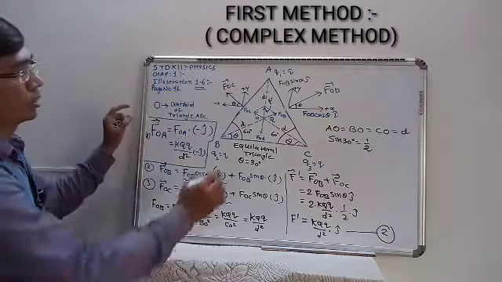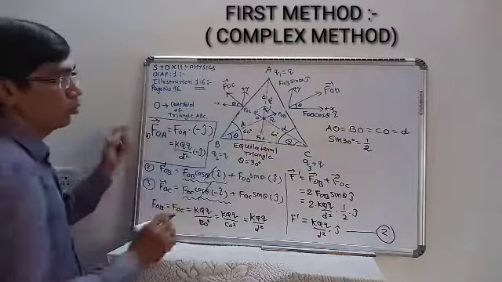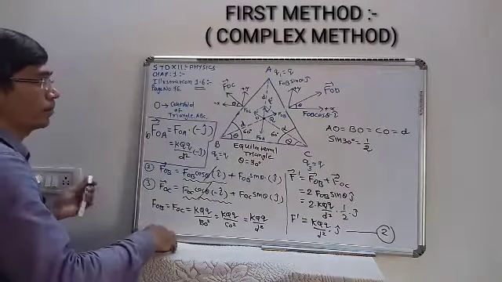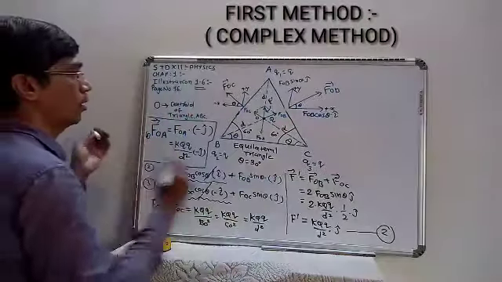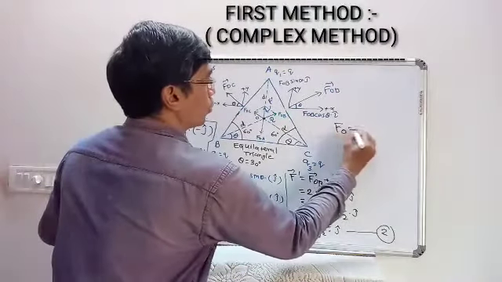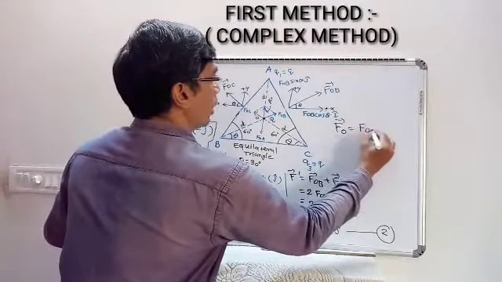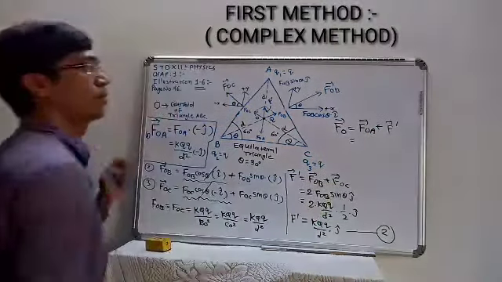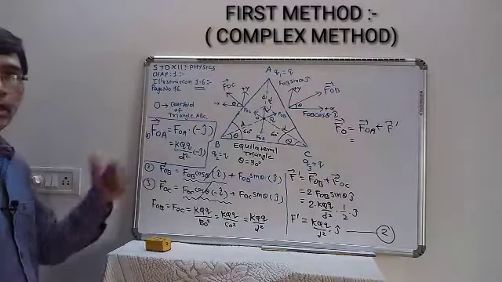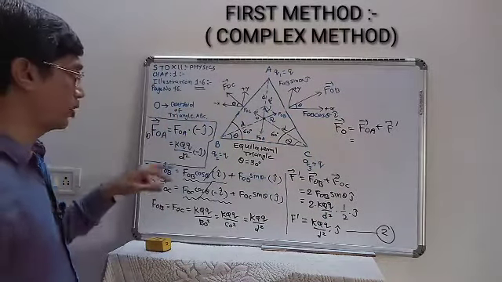So now the resultant force acting on the O point is given by FO is FOA plus F dash. Now FOA and F dash, they are opposite to each other and equal in magnitude.